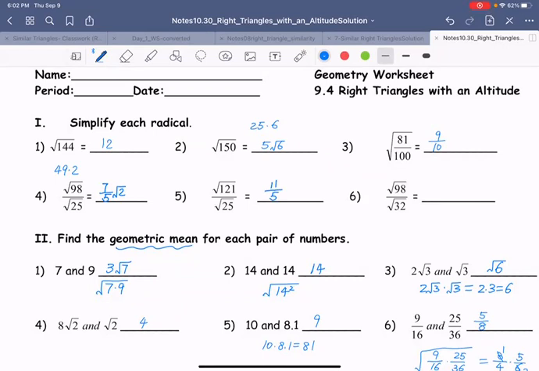Angela, one more, number 6. 32 is 4, and then square root of 4 is square root 2. Wait, 4 and then 7 on the top. Wait, 7 times what? 2. Good. That's good.